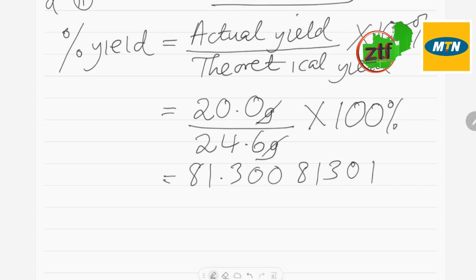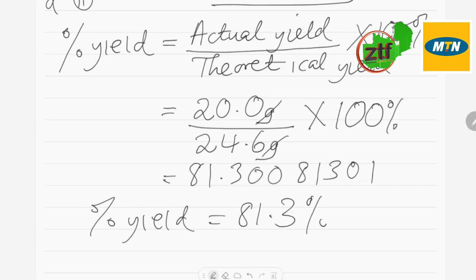Remember, all our answers, just like we've been given, should be to one decimal place. So in this case, our final answer for the percentage yield is going to be 81.3%. That is all on that question.